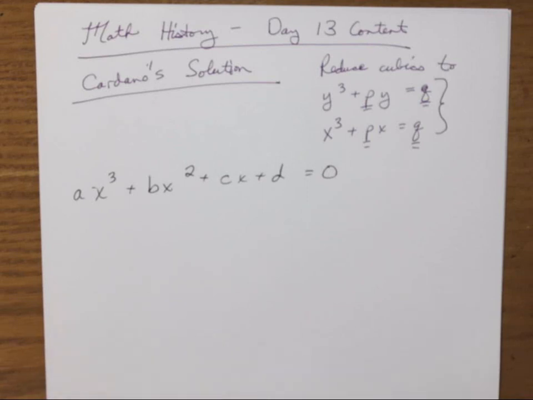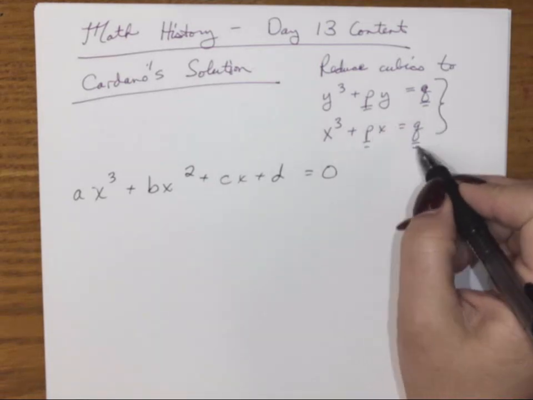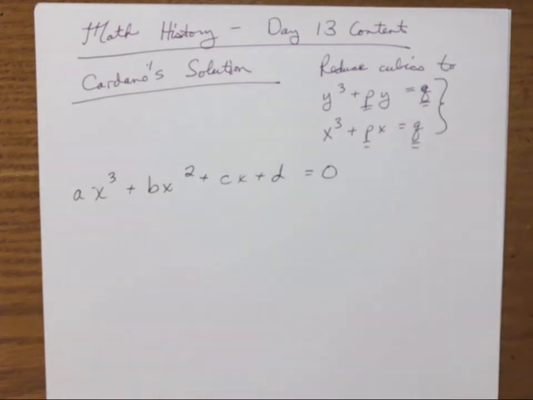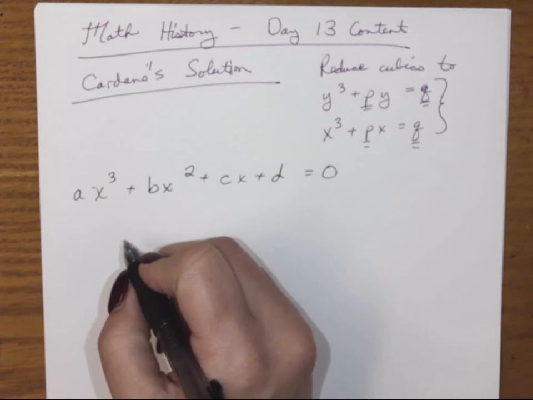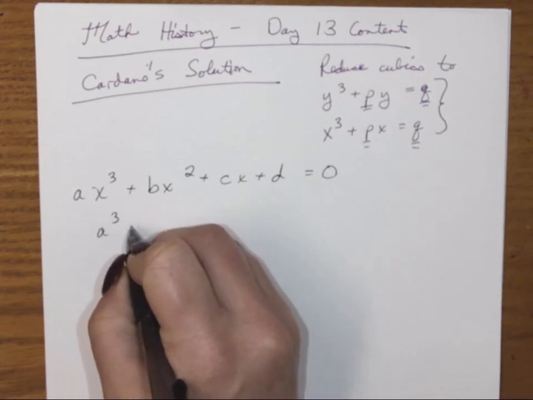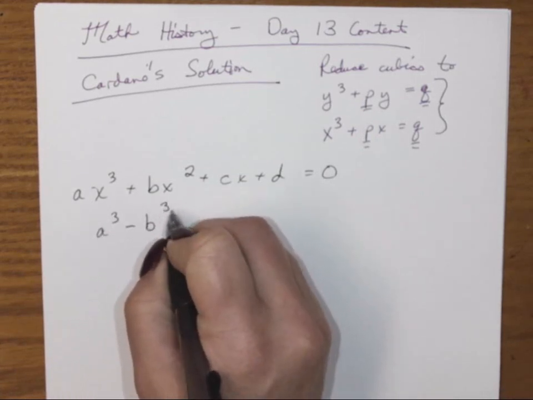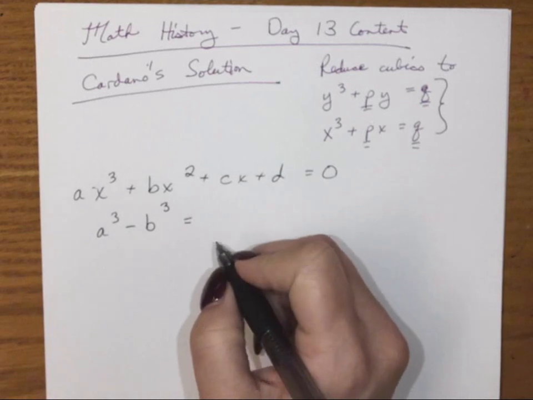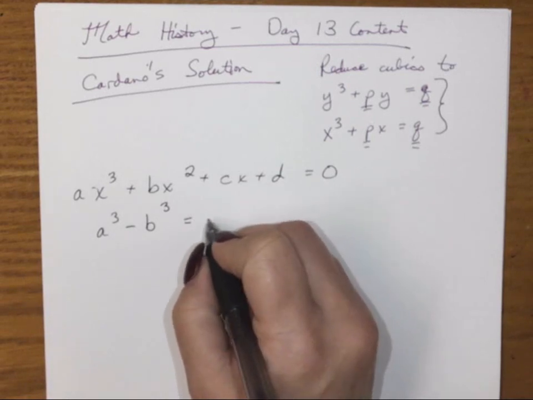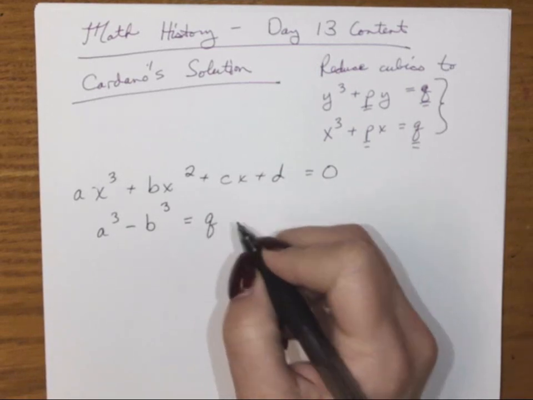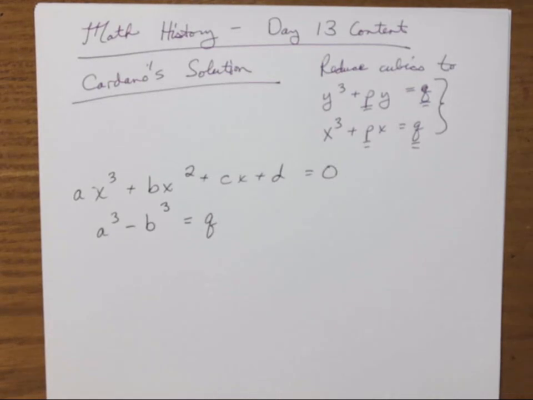Okay, so what Cardano said was, look, I know I want it to look like this up here, and I'm going to make some basic substitutions. So he said, for instance, I want to say a cubed minus b cubed is equal to my q value. So he wants to make that basic substitution.